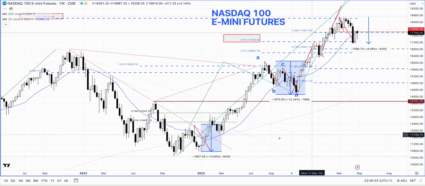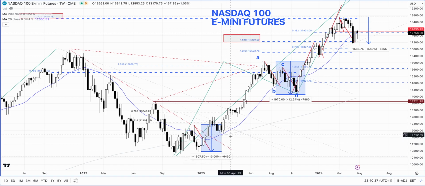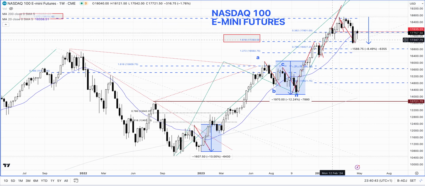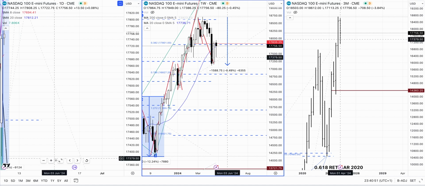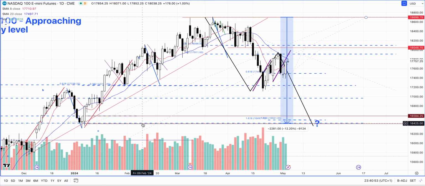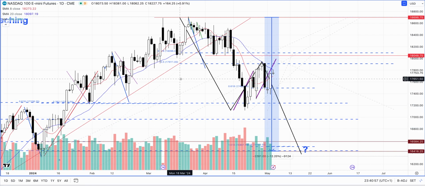Here, if you look at this bull run since October of 2022, the biggest correction has been around 13%. So in percentage terms, if we just take this biggest move, then this is the level we could get. We were just trying to evaluate that. So apologies, the video is getting pretty long, so I'll just shorten the video here.